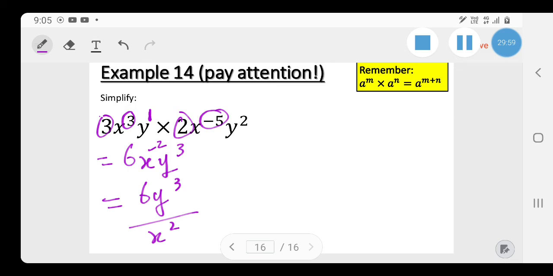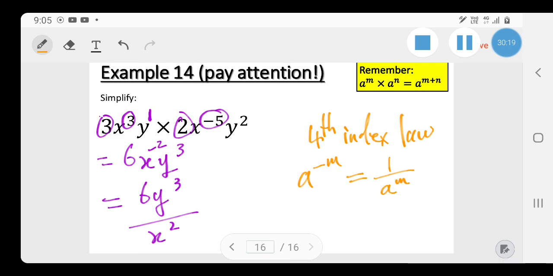Now, this is actually called the fourth index law. The fourth index law says a to the minus m equals 1 over a to the positive m.